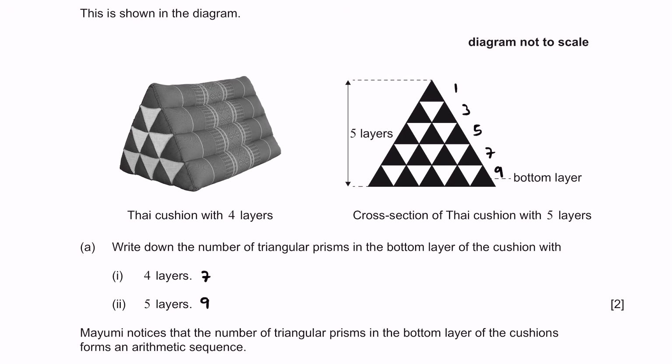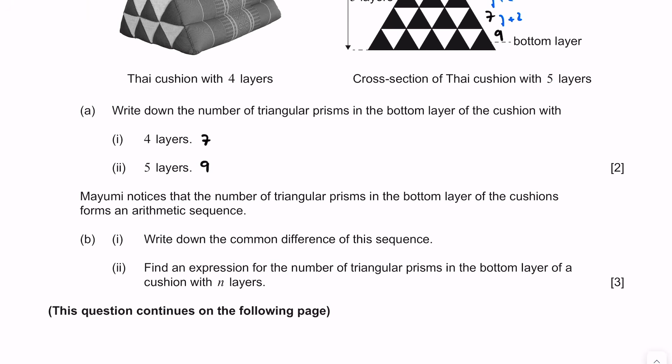So now the question is, okay, we've got this sequence, 1, 3, 5, 7, and so on. What is the value that we need to add or subtract to go from one term to the next? In this case, it's 2. We add 2 to go from one term to the next. And that would be our common difference. So in this case, the common difference of the sequence, d, is equal to 2. All right.